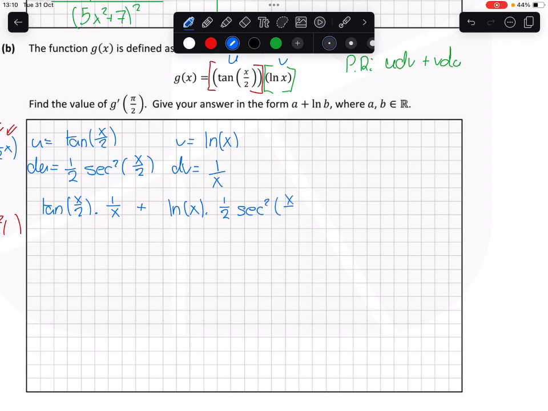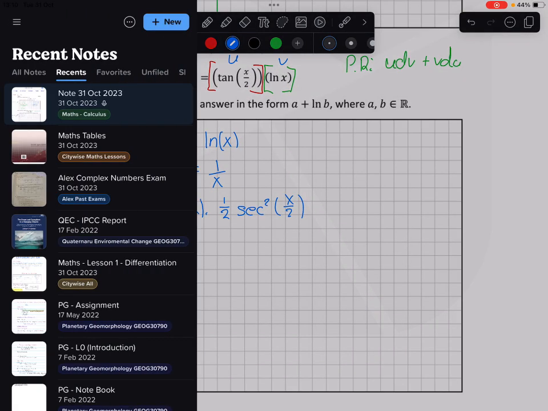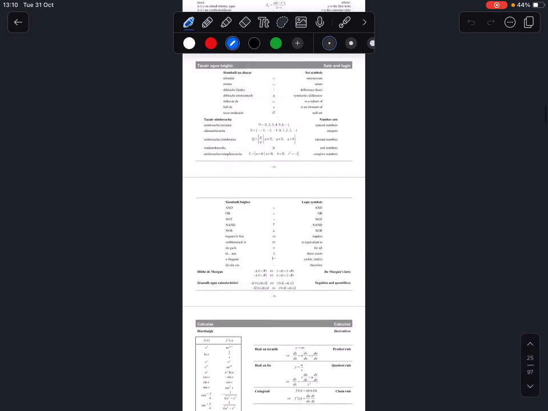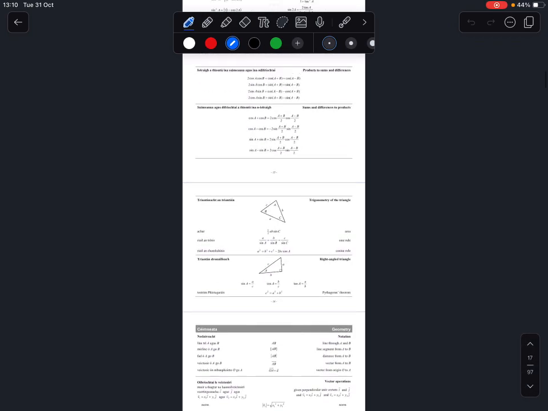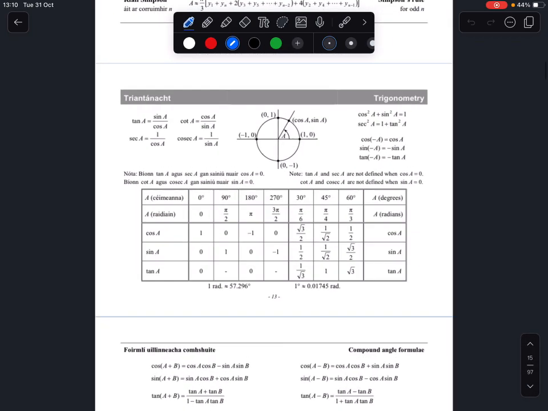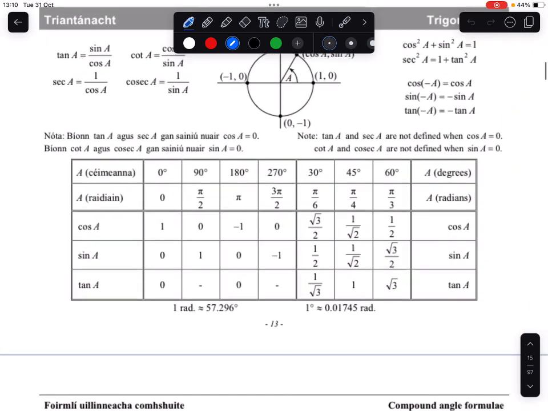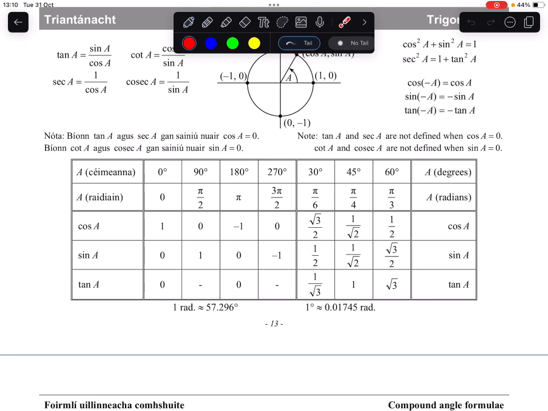Now, if we look at our rules and we go to the section all about trigonometric identities, what we have here is a half sec squared. And if we look at the very top, we have sec of a is equal to 1 over the cos of a. So that's what we can use.